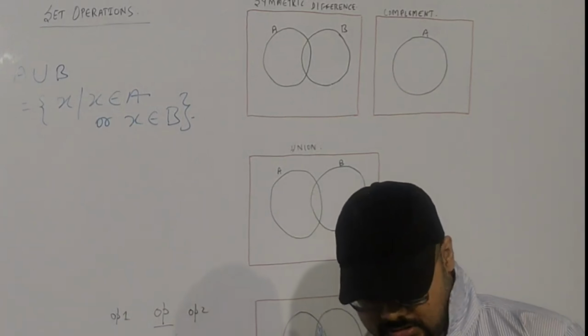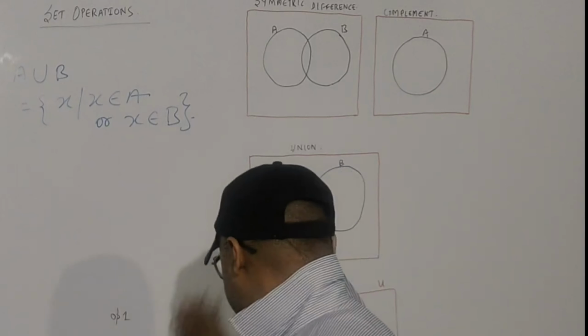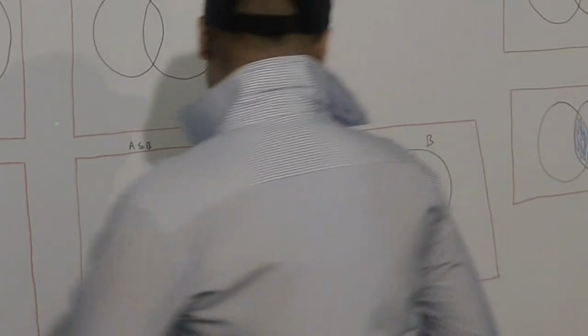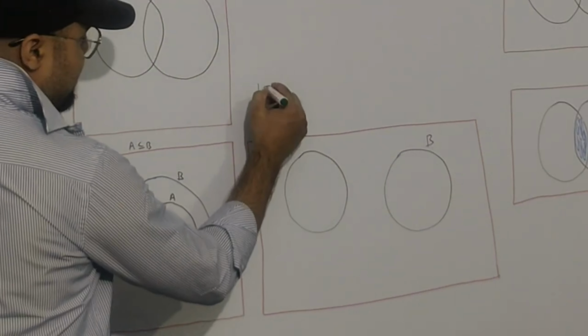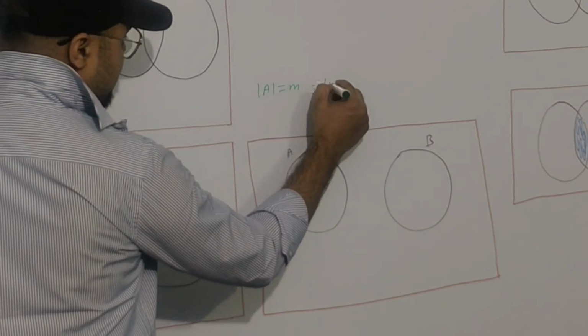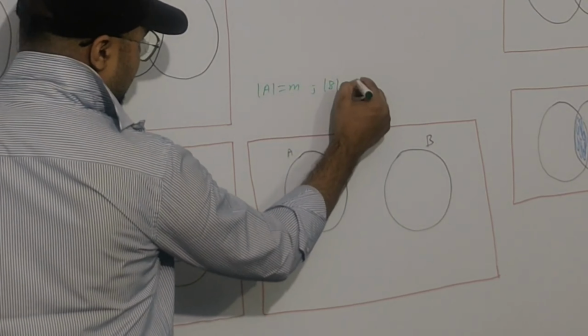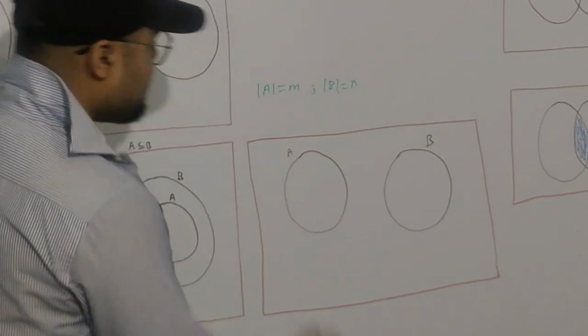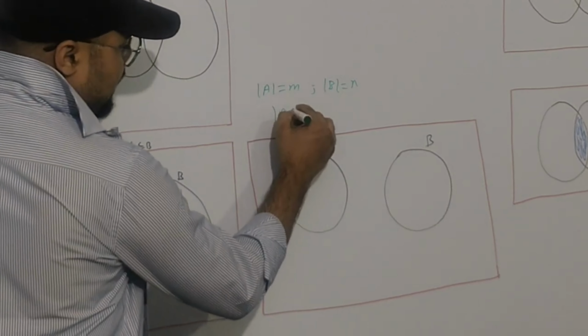Okay, let me draw a disjoint set. If the number of elements in A is equal to m and the number of elements in B is equal to n, then what is the number of elements of A union B?